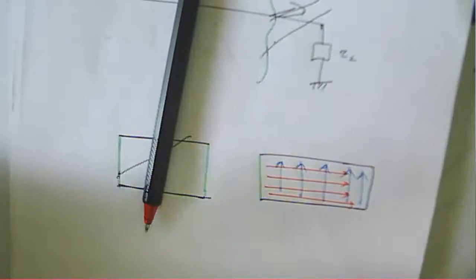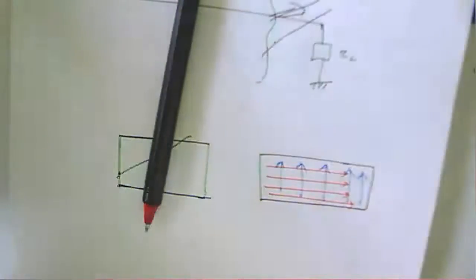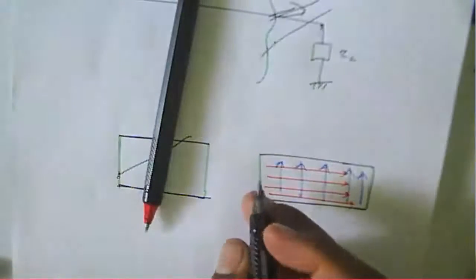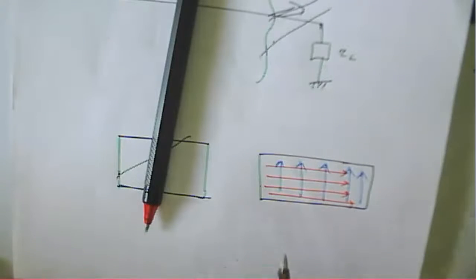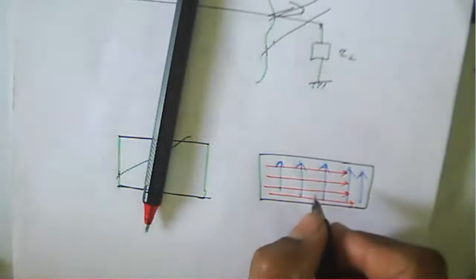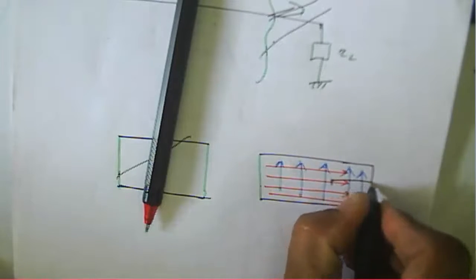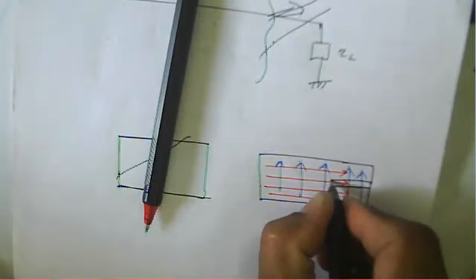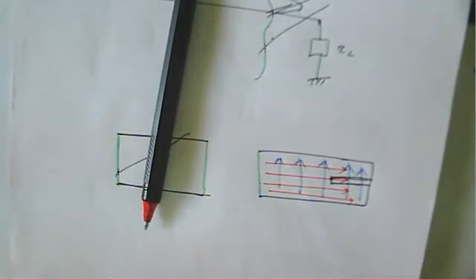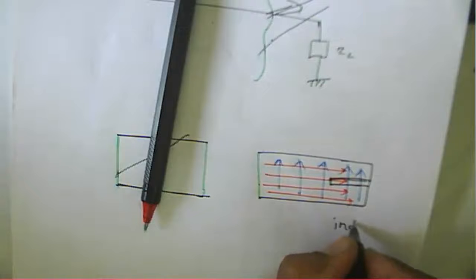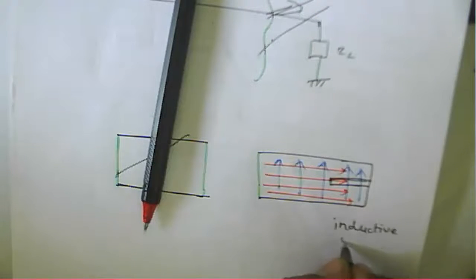Now, if we consider an iris, or an obstruction, one obstacle is to be placed either in the electric field or in the magnetic field. Suppose I place that obstacle in the magnetic field. What happens? That iris is called an inductive waveguide iris.